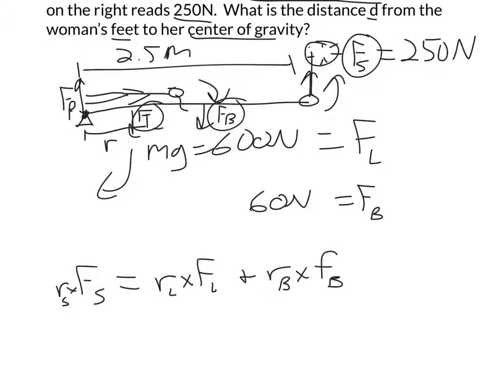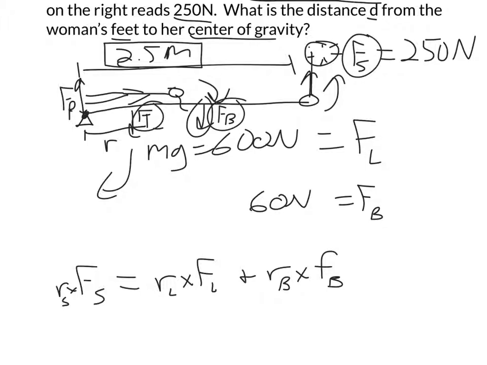Okay, so we know the radius at which the scale acts from the pivot. The board, if it's a uniform board, should be half of that.